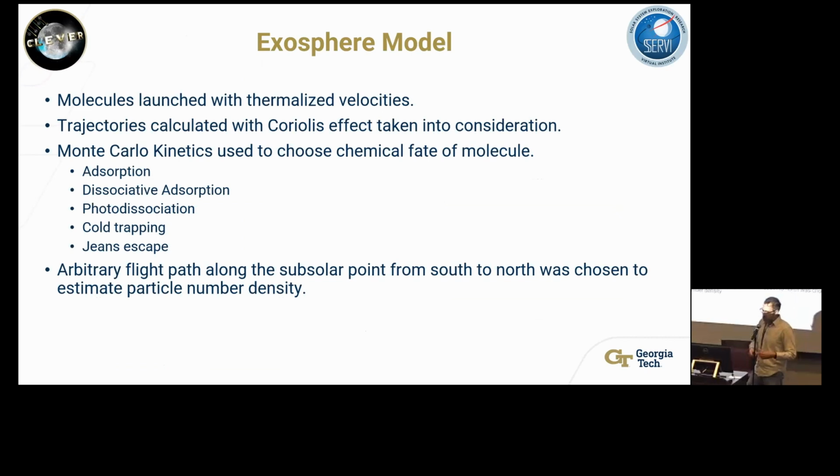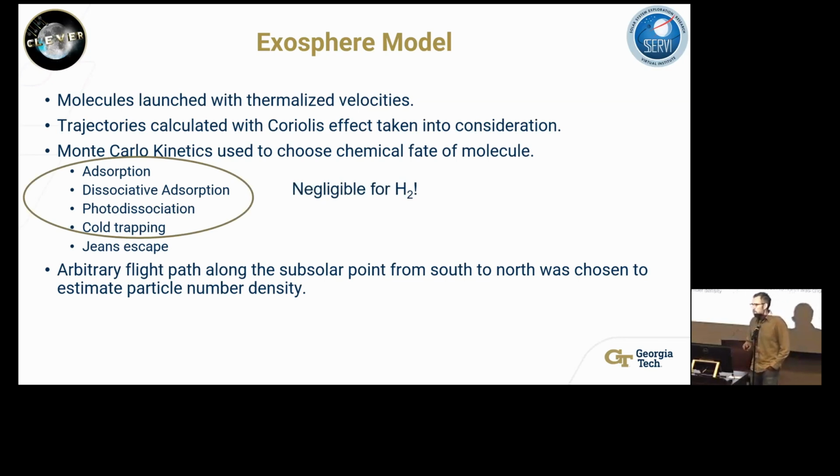And for the discussion here, I just chose an arbitrary flight path from the subsolar equator point to the North Pole to estimate the particle number density for these molecules. I also want to point out that these loss mechanisms are really negligible for hydrogen. The dominant one is Jeans escape, so that will come into effect later.